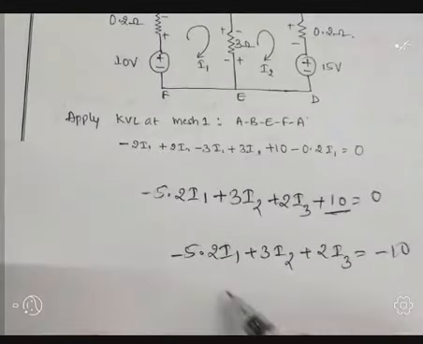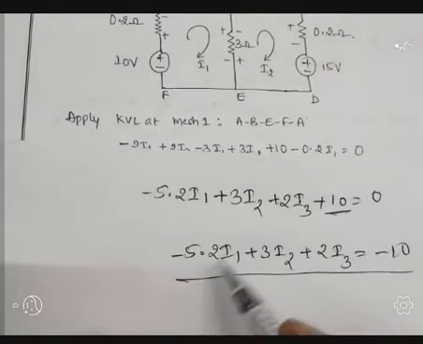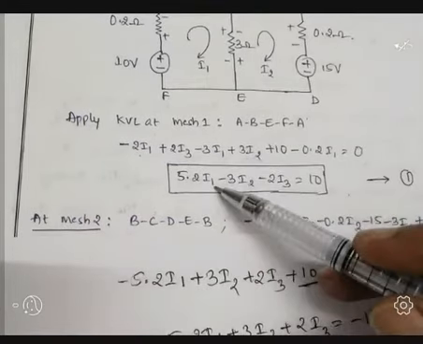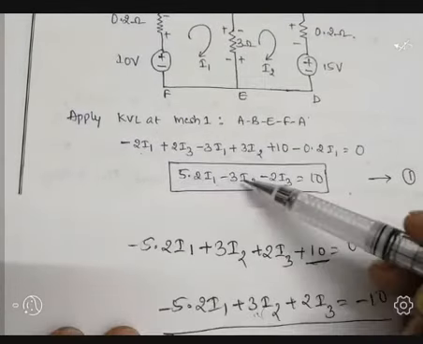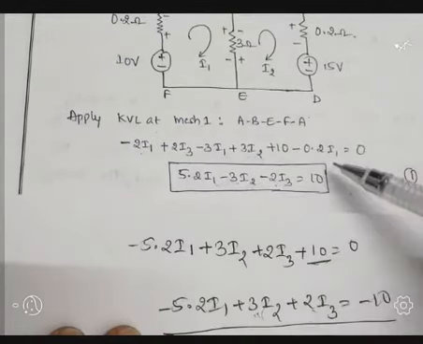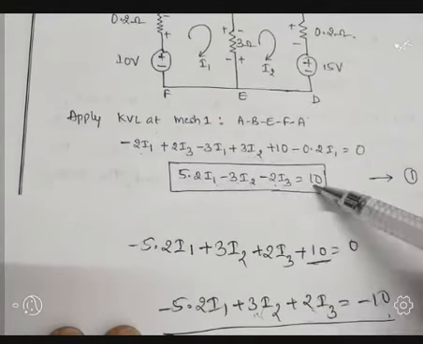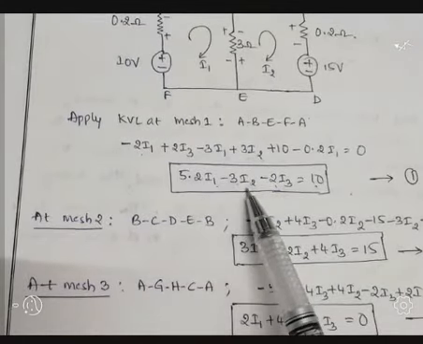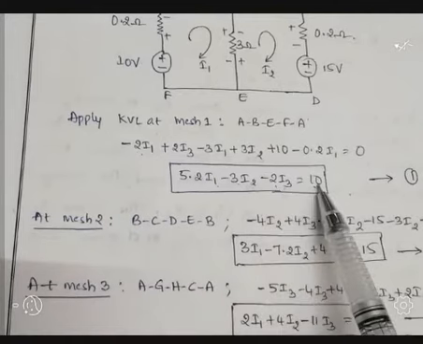Multiply the entire equation by minus 1, it becomes 5.2I1 minus 3I2 minus 2I3 equal to plus 10. Hence we got this equation, 5.2I1 minus 3I2 minus 2I3 is equal to 10, equation number 1.